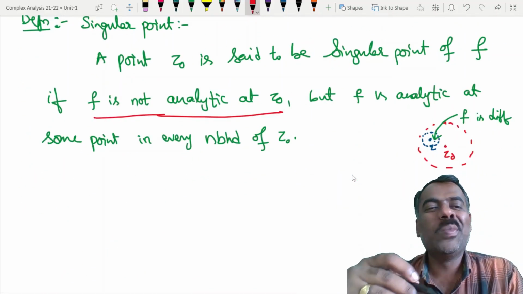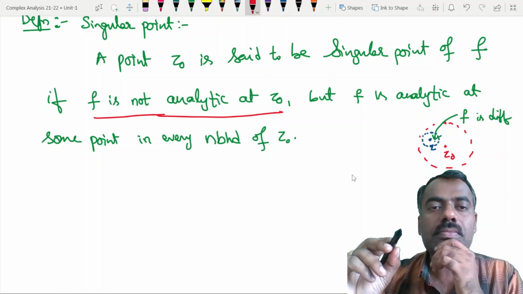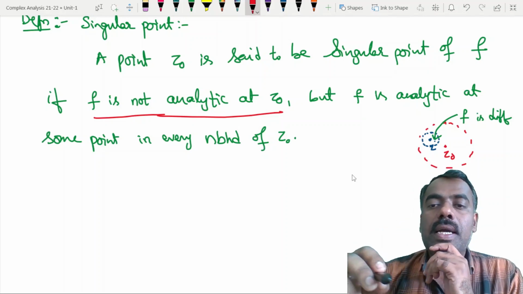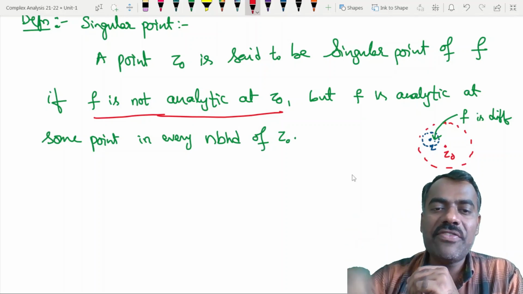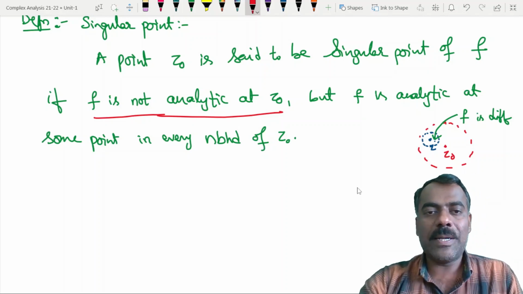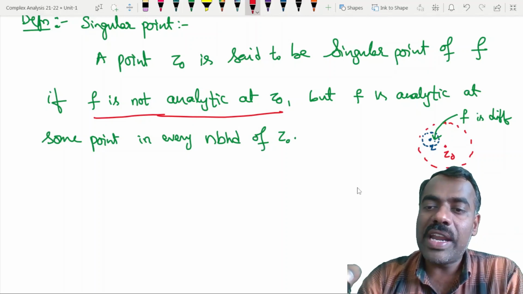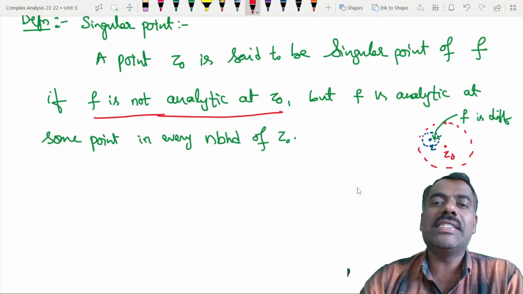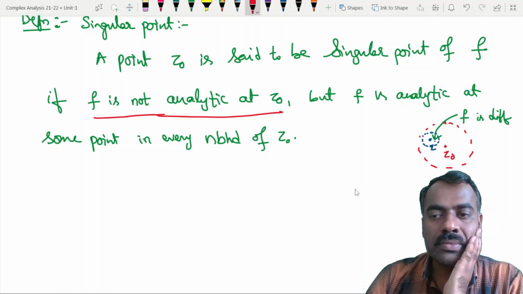Now come to the singular point. A singular point means f fails to be analytic at z naught, but f is analytic at least at one point in every neighborhood of z naught. So take any neighborhood of z naught, we can give one point at which f is analytic. That means we can find a small neighborhood around that point where f is differentiable.